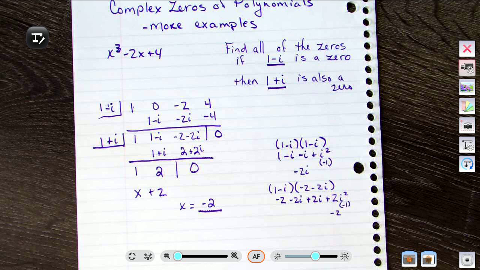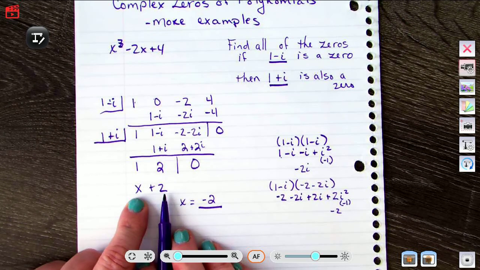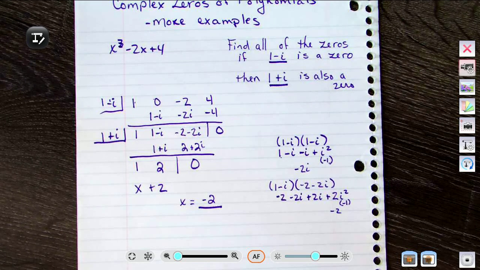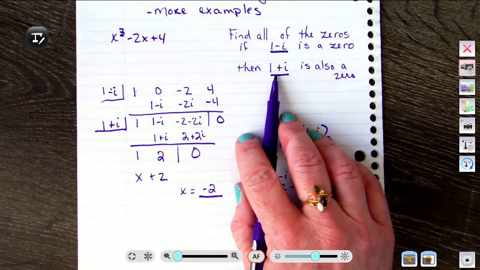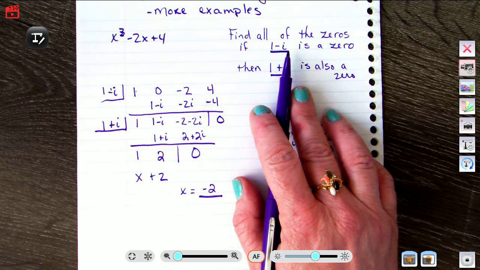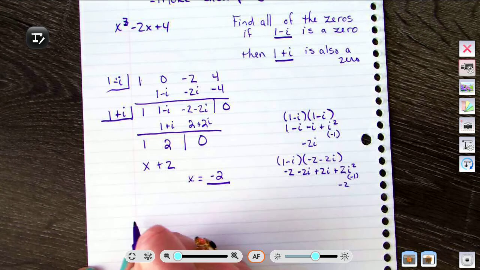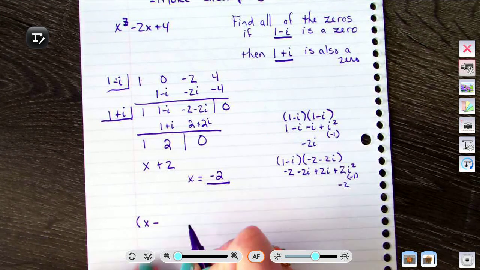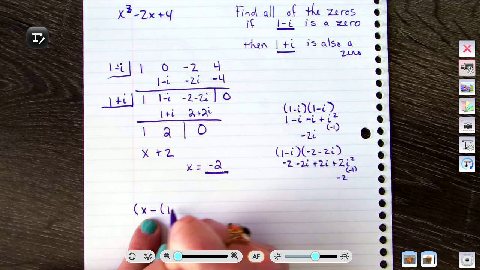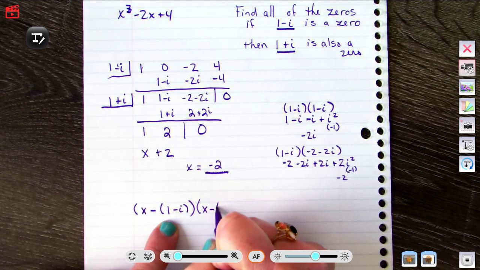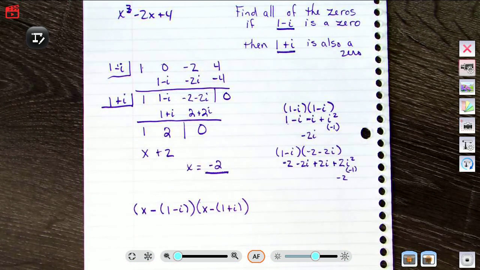I now want to make sure and go through and show you yet another method for getting down to this x plus 2. So if synthetic division wasn't something you liked, it's okay. We can work around it. And we're going to remember that, first of all, 1 minus i is a 0, which automatically told me that 1 plus i is a 0, which means that x minus this 1 minus i is a factor, and this x minus the 1 plus i is a factor.